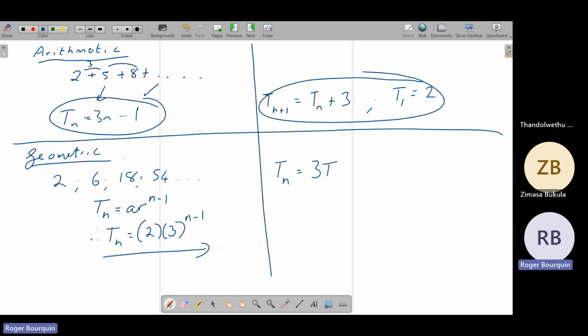So it's just going to be 3 times term number n minus 1, where term 1 is equal to 2. If you wrote it like this, Tn plus 1 is equal to 3 times Tn, that's perfectly correct. Same thing.